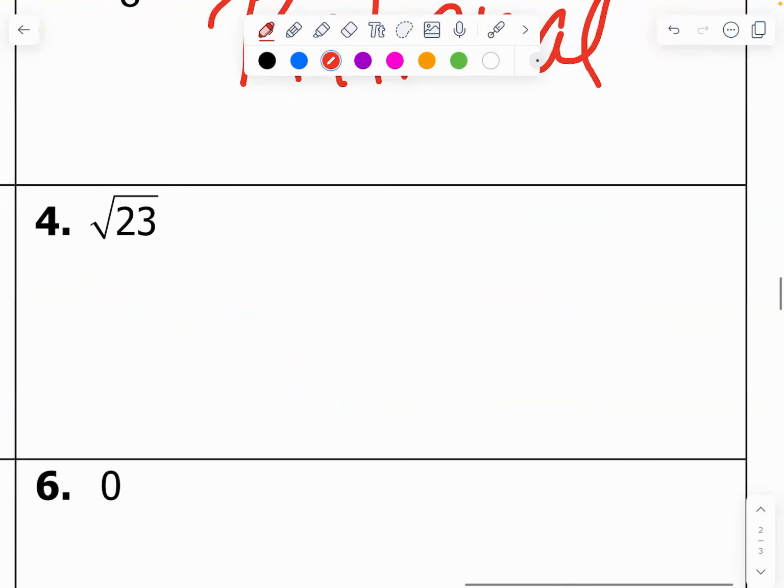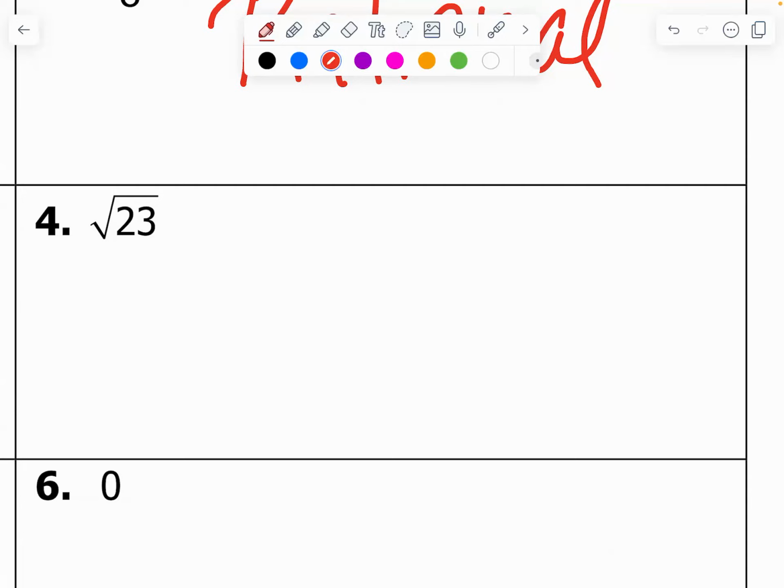Okay, so let's talk about the square root of 23. Is 23 a perfect square? No. So the square root of 23 is going to be an ugly number.